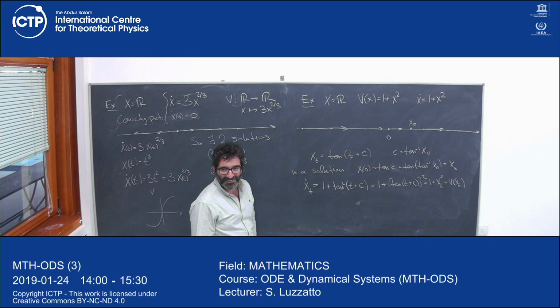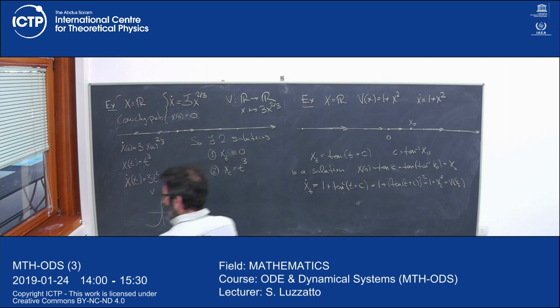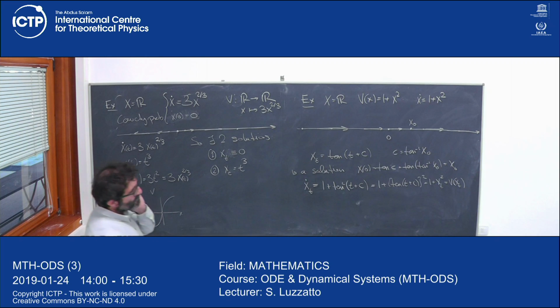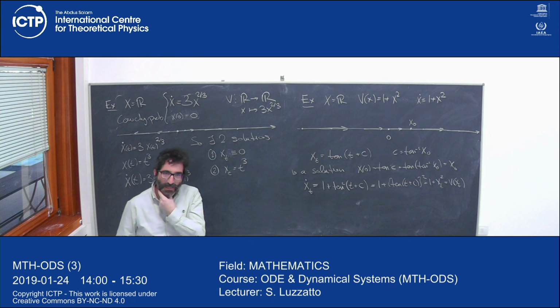It cannot go to infinity. Why not? Because it's not defined everywhere. Exactly. So what happens to tan? What is the graph of tan? It has to stay within an interval.